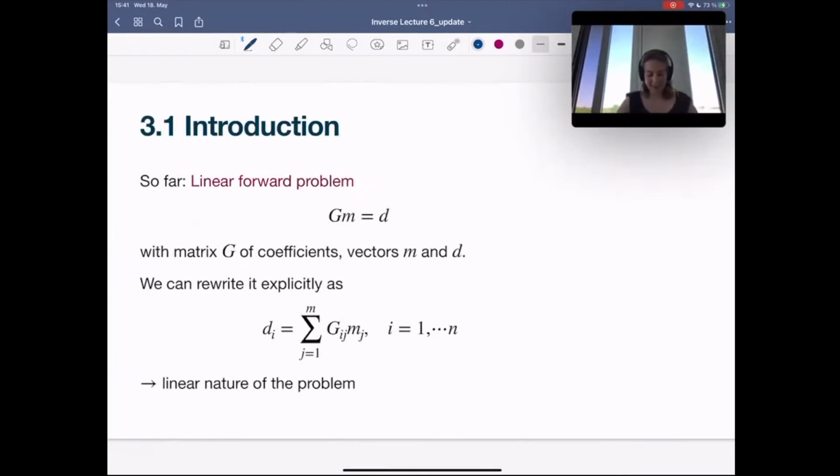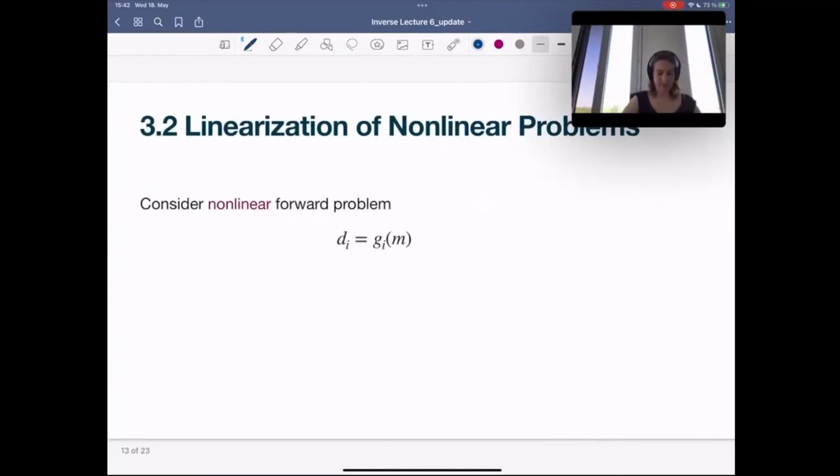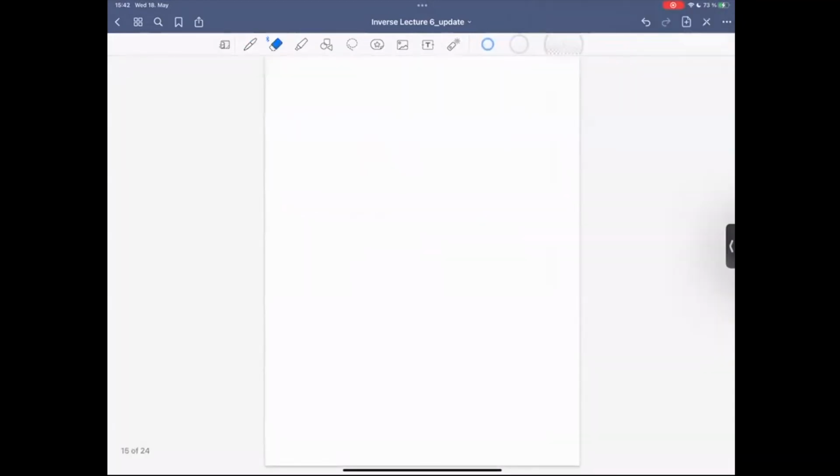And this can be written explicitly as Di equals the sum over j equals 1 to M of Gij Mj, where i equals 1 to N, showing you the linear nature of the problem. So what do we have to do now if we want to consider nonlinear forward problems? So Di equals Gi as a function of M. And the goal here is to linearize this such that we can solve this.